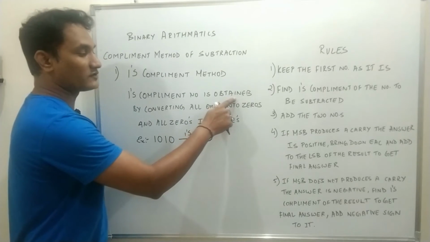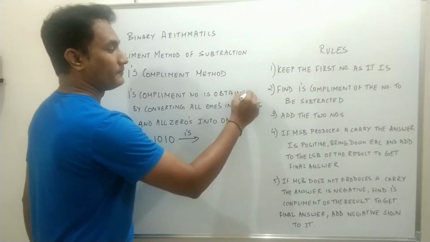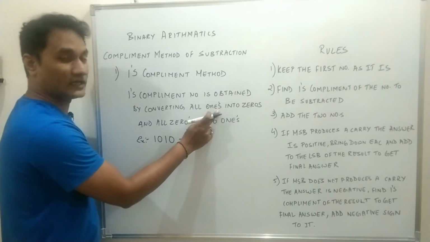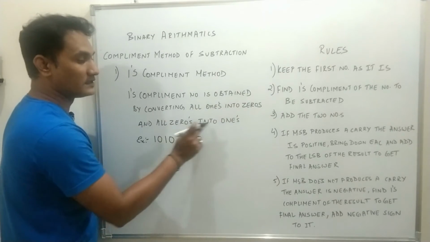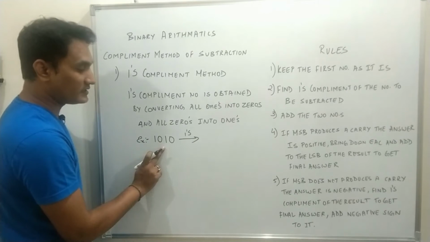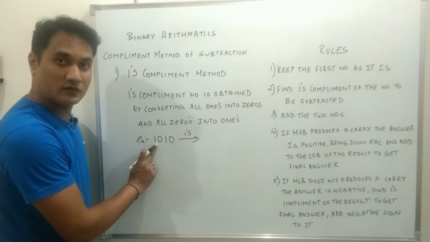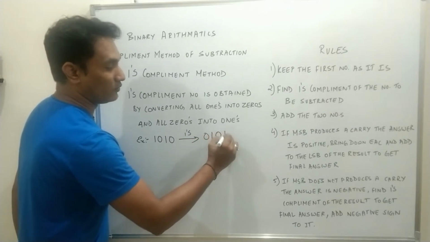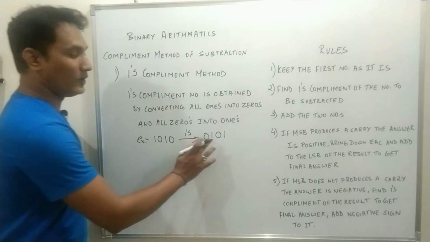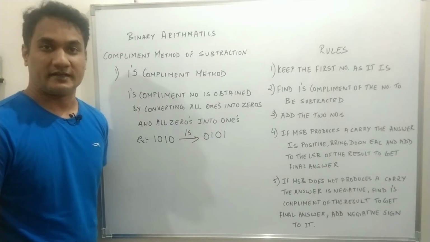To obtain the 1s complement of the number, we have to convert all ones into zeros and all zeros into ones. So it will be 0 1 0 1. So this is the 1s complement of the number to be subtracted.